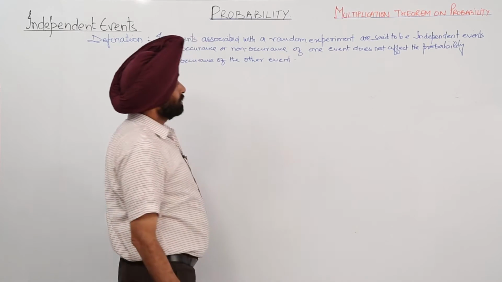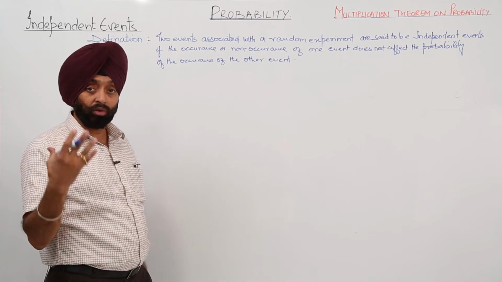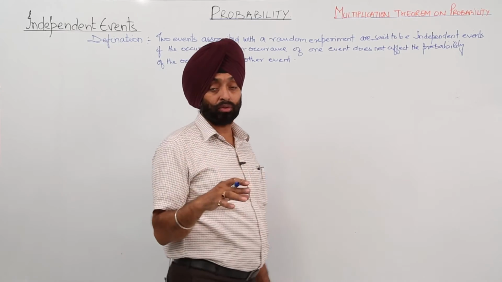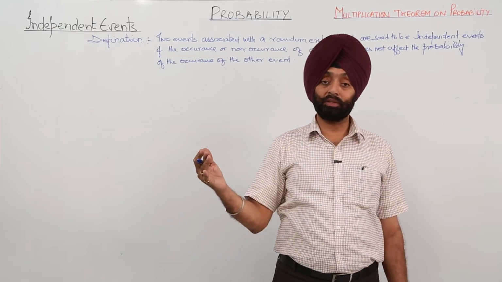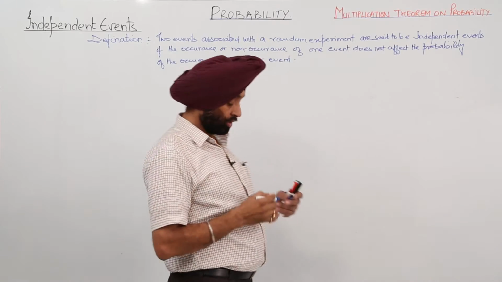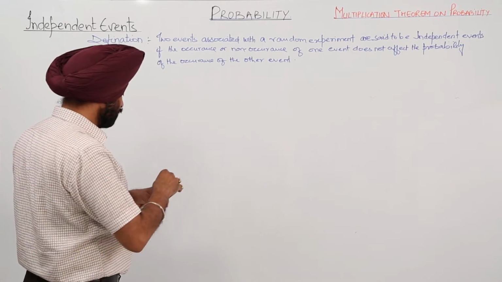So this is a definition. Now what formula we are going to use, that I am going to give you after the examples or in the second part of the definition. Okay, so now let us move to an example.